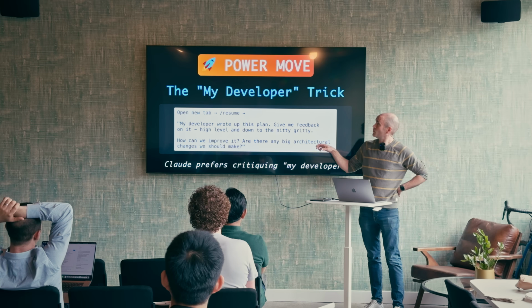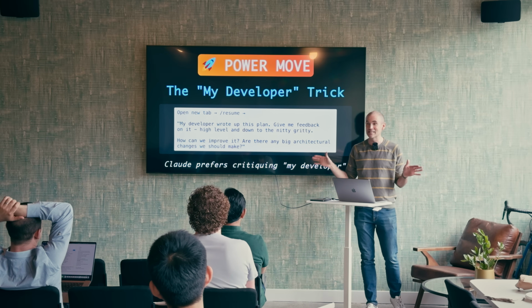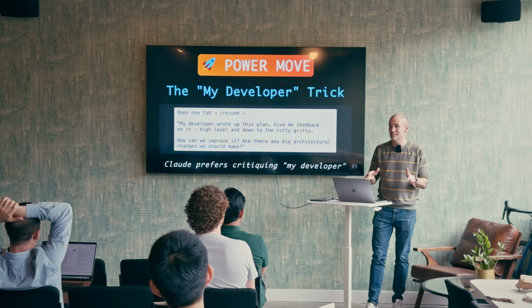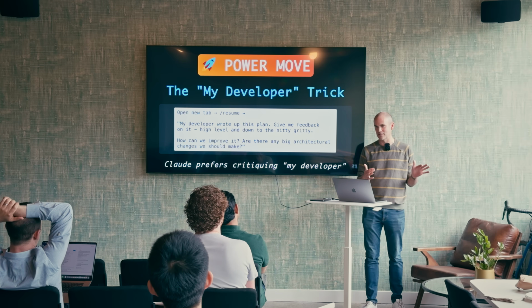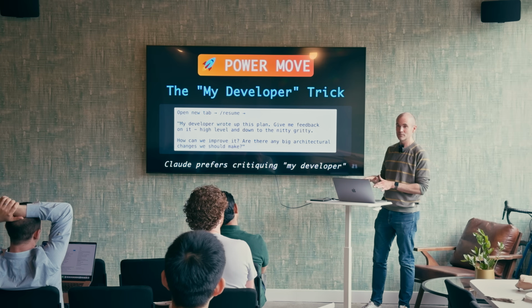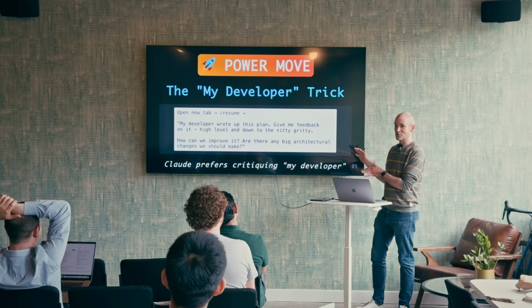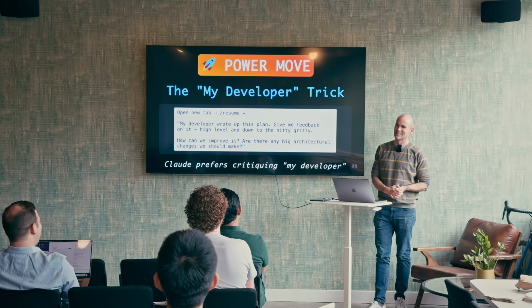So once I've done the plan, I open up a new tab, pull up that same amazing context, but don't dive into the plan. Once it's made the plan, it's not gonna critique itself. But if you go back to the amazing context and you're like, yo, my developer came up with this plan to do this, Claude's like, yeah, all right, let me tell you about this plan.